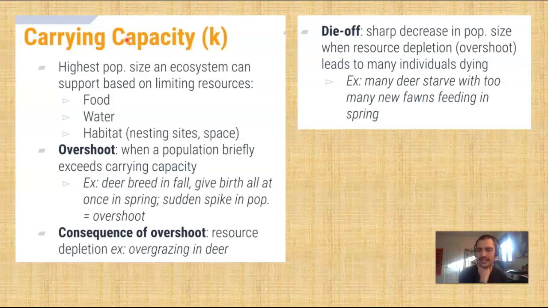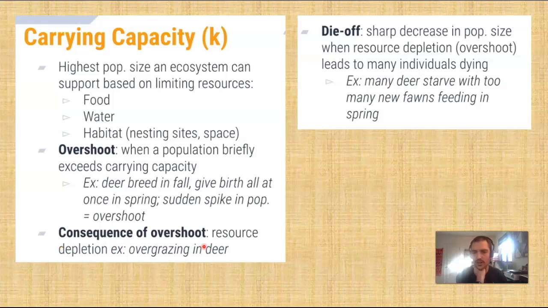And carrying capacity is, again, the highest population size an ecosystem can support based on food, water, habitat, all of those things that are available that can change. The overshoot is when a population briefly exceeds the carrying capacity. Like when deer breed in the fall, they give birth all at once in spring, and there's a huge sudden spike, and then too many of them, and then a lot of them die.